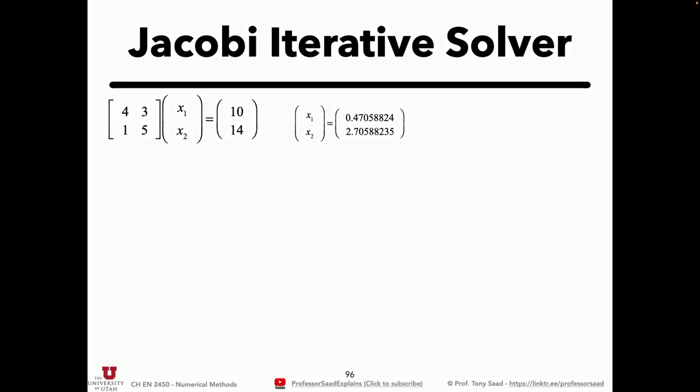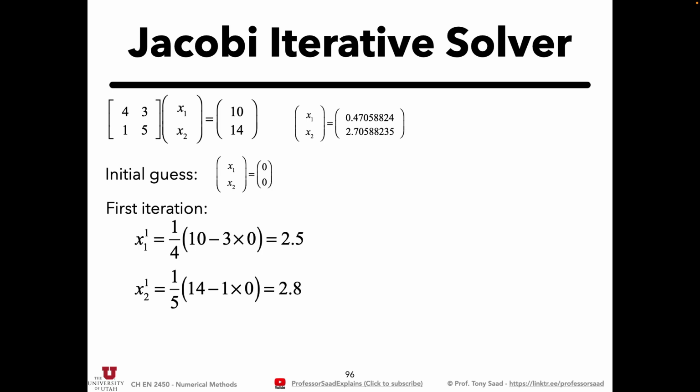Here's an example. And you should do this by hand. It's a very simple example. I'll give you the first iteration and a table, and then you can do a couple of iterations by hand just to see how the process works. If we start with an initial guess where x1 and x2 are both 0, then the first iteration, from the previous formula, is 1 over a11, which is 1 over 4, times b1 minus 3 times x2 at k, right?